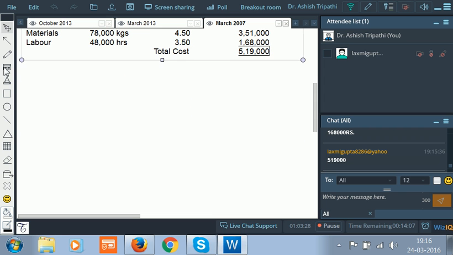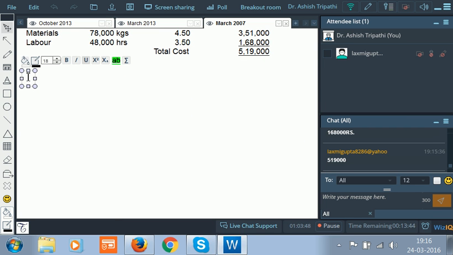So we completed the table. 90% of the problem is solved. Now only 10% left. So let us start solving one by one. Now which variances will we have to calculate? We will have to calculate material and labor variance.